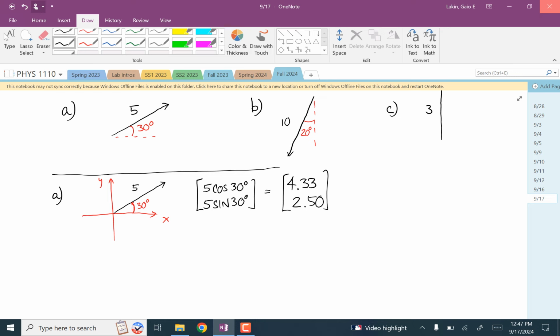Anybody have any questions about that? Yeah. Why is it not 60? Like how you did up there, you did like plus 90 minus 20 is 70. Right. Yes. Okay, so always what you're trying to do is just think of starting with an arrow in the positive x direction, and then rotate it counterclockwise until it matches this.